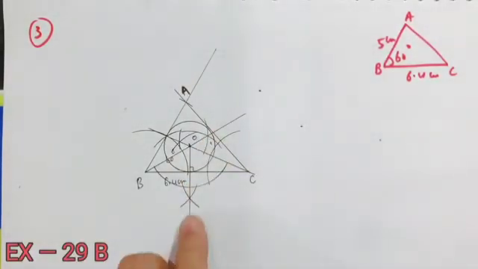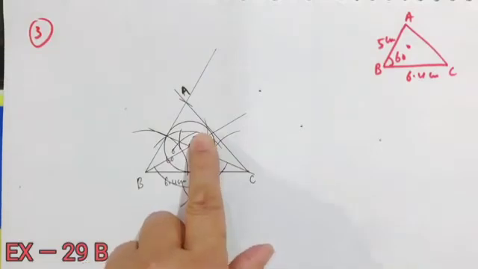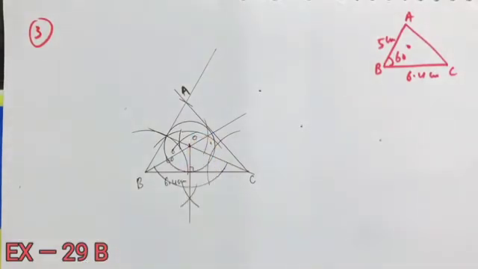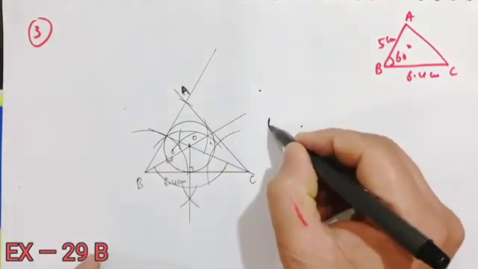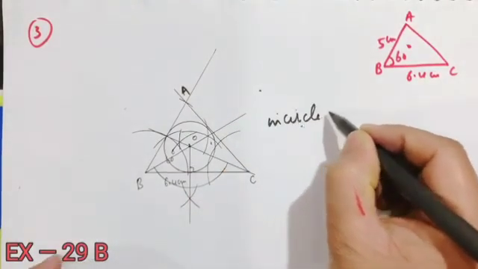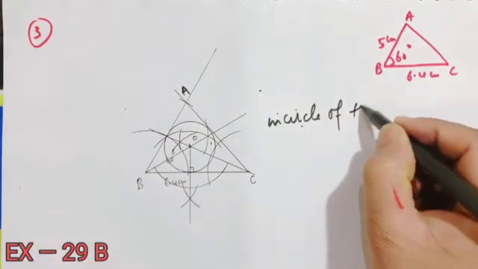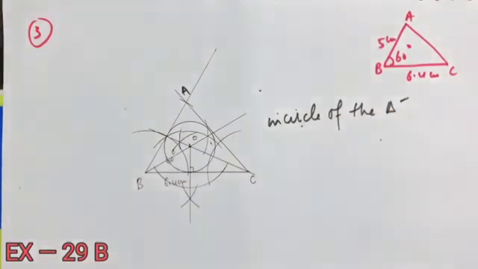At least I can see that my 97% is correct. So here I have drawn the incircle of the triangle.